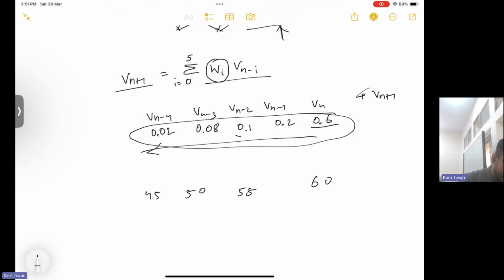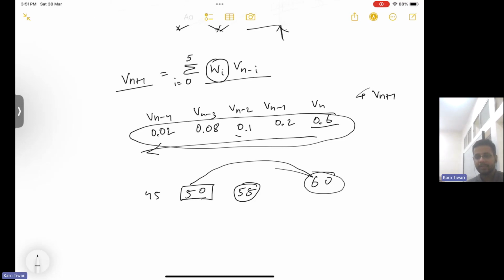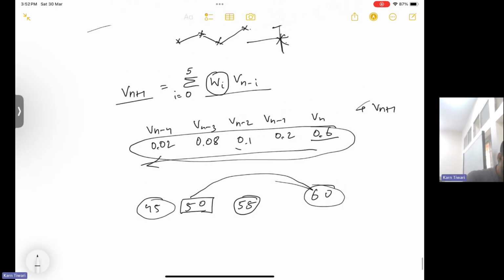What I know is that the recent velocity plays a very important role in predicting what it will be at 60. The 50 also plays an important role, but the correlation between 50 and 60 is lower, because we can have a large drastic change between 50 and 60. And the correlation between 45 and 60 will be much less. That's why I have given low weights to the distant past and more weight to the recent observations. This is what the whole approach is about.